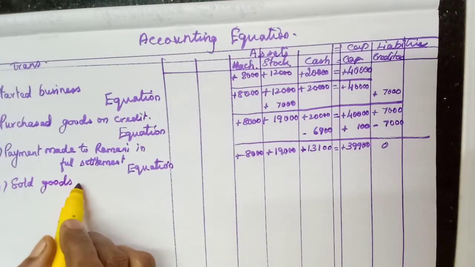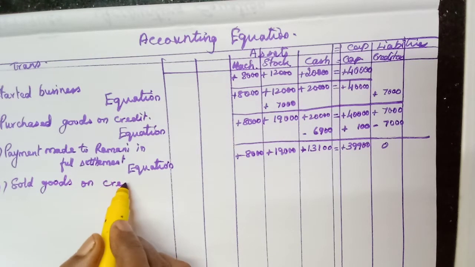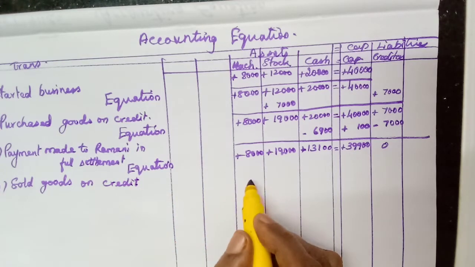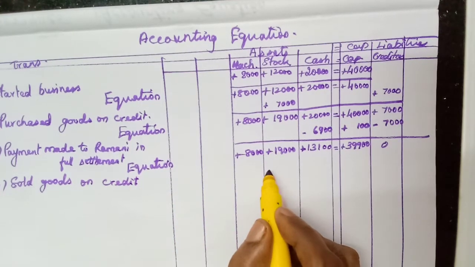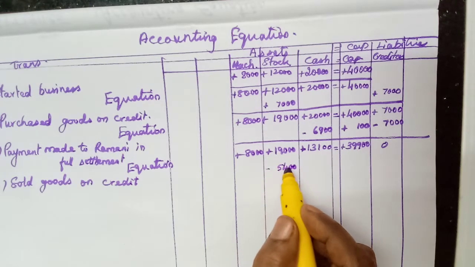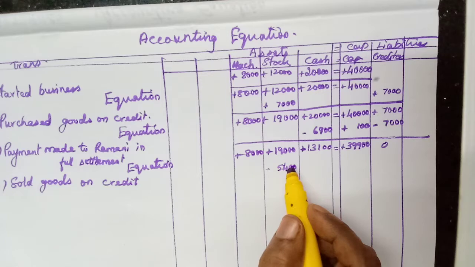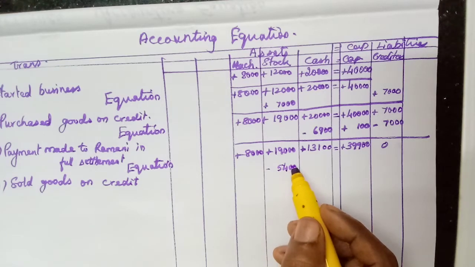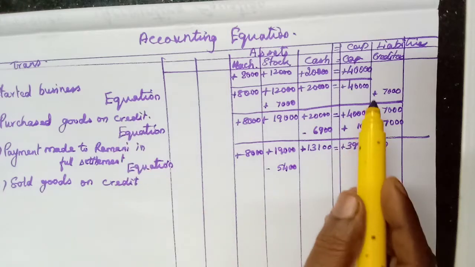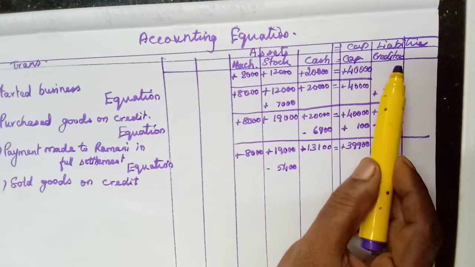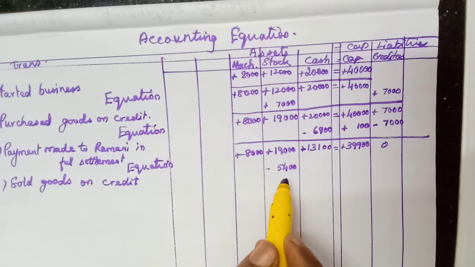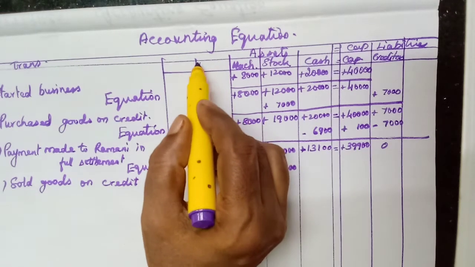Sold goods on credit. Here costing how much? 5,400. So goods only 5,400. We are selling that one for 6,000. Here on credit. That means if we purchase from Ramani on credit, they are called creditors. If we sell goods on credit, that is called debtors.